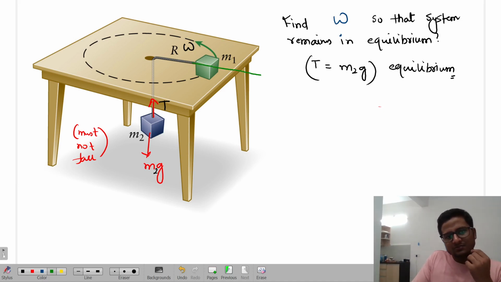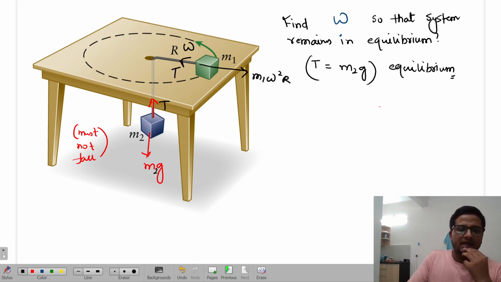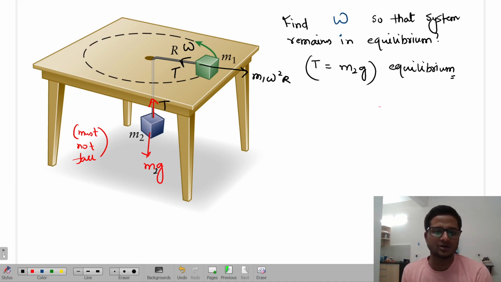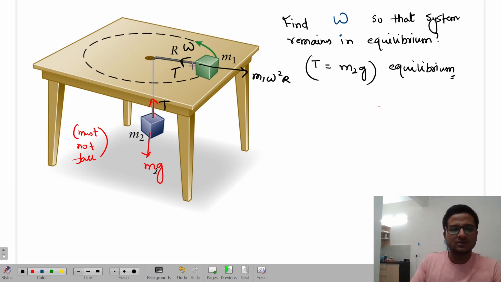Correct, isn't it? Now next thing is, if this mass m1 is rotating with angular velocity omega, then m1 omega square r will be a centrifugal force outside. And since the thread is one, the tension will remain the same at each and every point. So it will be T only. If this system wants to be in equilibrium, then this tension T must also equal m1 omega square r.